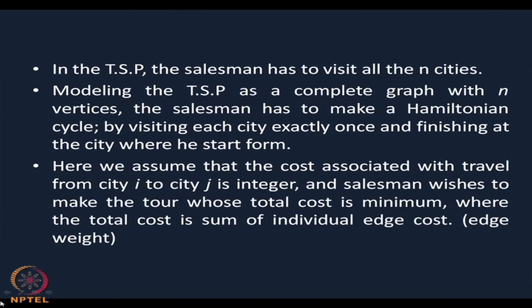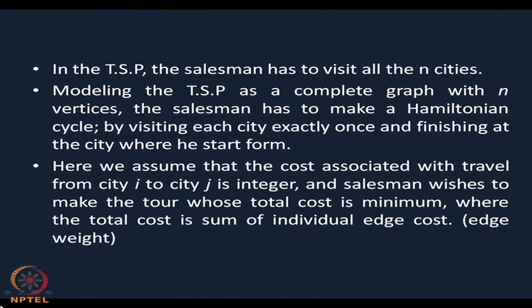So, in the traveling salesman problem, the salesman obviously has to visit all the n cities. Now, as I told you, modeling the traveling salesman problem as a complete graph with n vertices, the salesman has to make one Hamiltonian cycle by visiting each city exactly once and finishing at the city where he starts from.